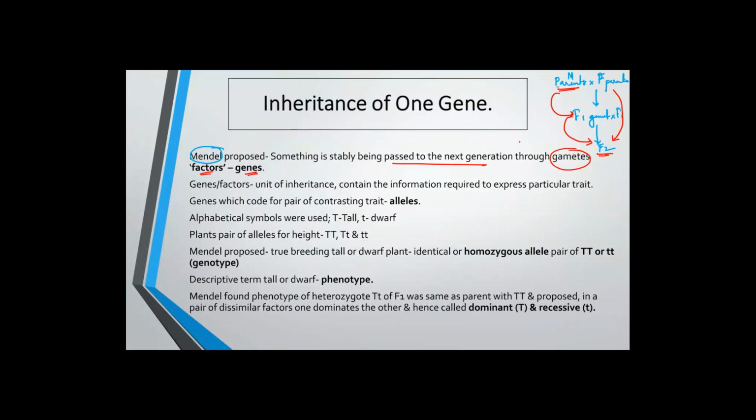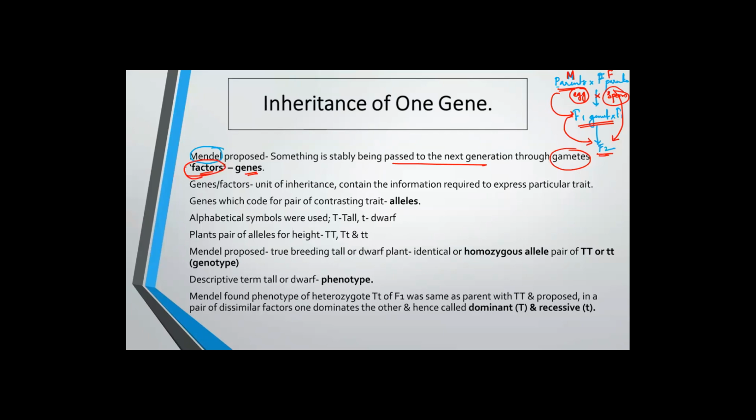In case of the mother, the egg is formed, that is a gamete. In case of the father, the sperm is produced and they fuse together to form the progeny. So something is being passed through the gametes, and what is that? He named it factors.